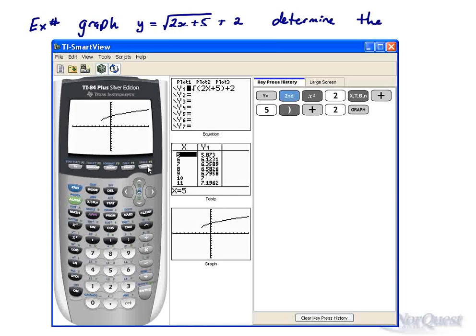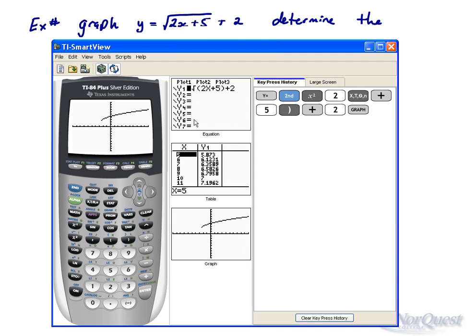The range you could probably find using your calculator, but now that I've got a picture, I'll even show you how to do that algebraically as well. So you'll see that this graph opens upward and it basically goes to the right side of the screen. There's nothing on the left and there's nothing down below the x-axis in this case. So I just wanted to show you the picture first.